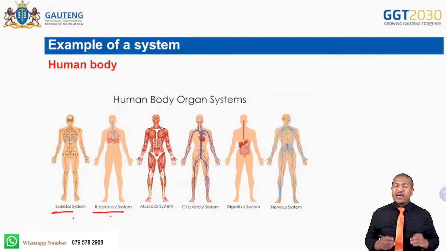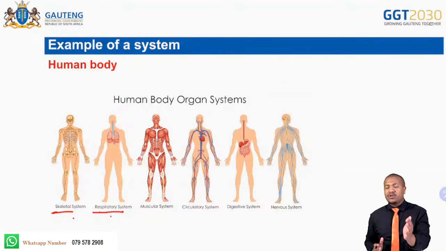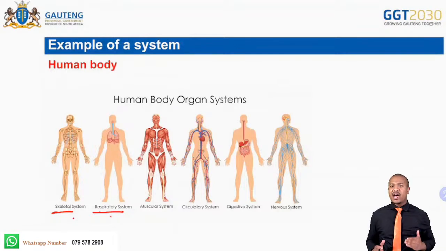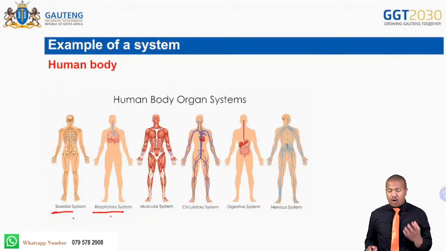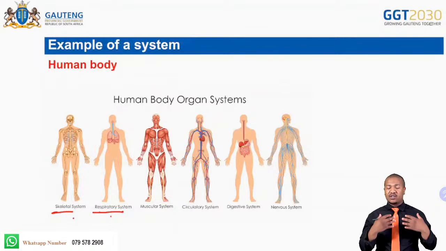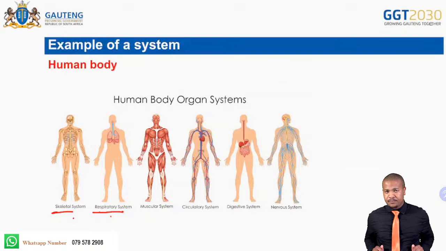It has parts such as the nose, our windpipes, the trachea, the bronchi, our lungs, the alveoli, and so on. Those are different parts that enable us to carry out such processes as gaseous exchange, cellular respiration, and also the process of breathing in and out. Those are the different parts that form this particular system.